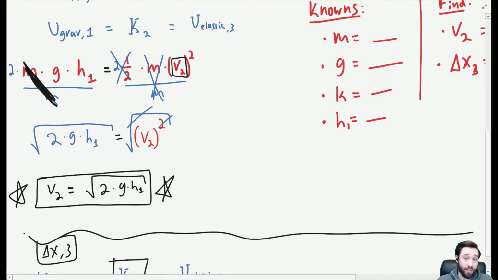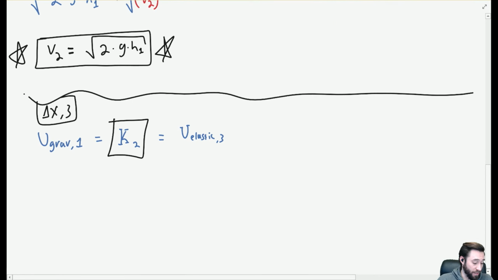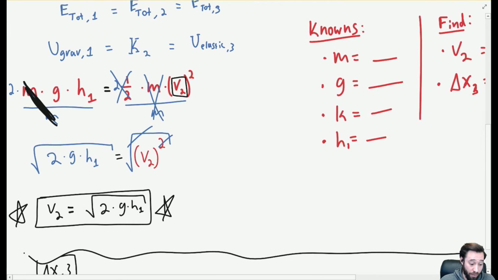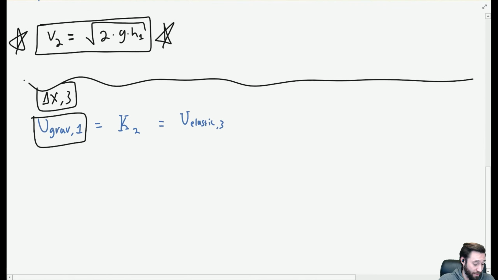The better way to do this, the most accurate way to do this, is to only utilize things that we absolutely know. So I have all of the variables for my gravitational potential. Mass times gravity times height 1. So in that sense, I have the most exact value for gravitational, and then I can use that to solve for whatever I don't know in here.